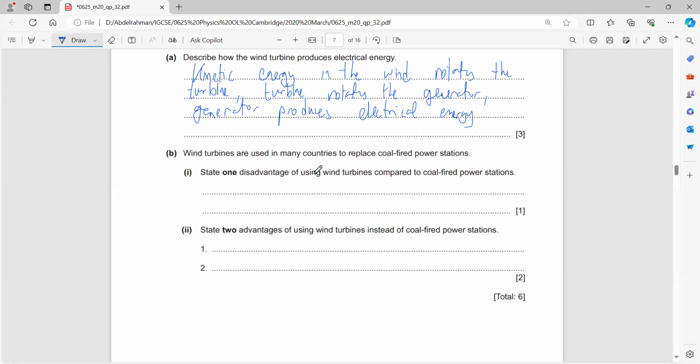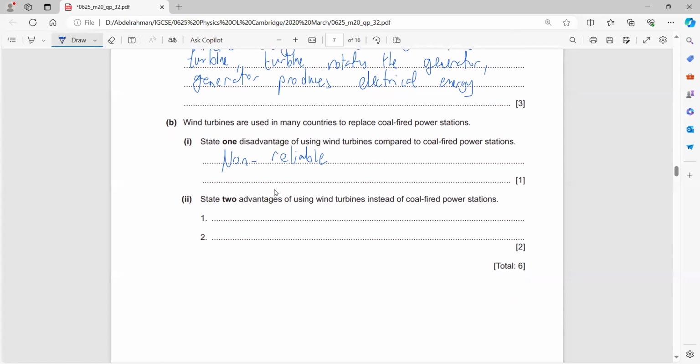State one disadvantage of using wind turbines compared to coal-fired power stations. Unreliable. Not reliable, correct. State two advantages of using wind turbines instead of coal-fired power stations. Do not contribute to acid rain.